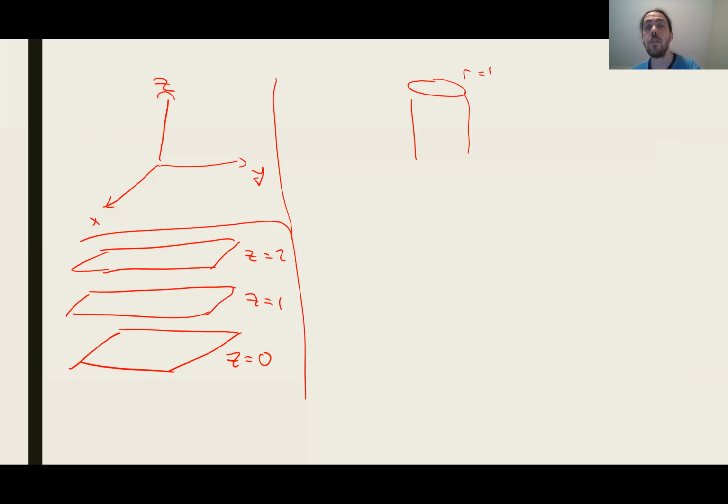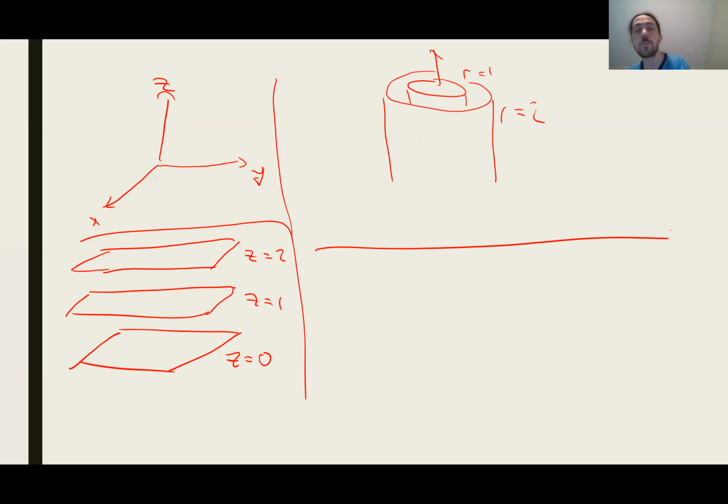If I instead look at all those points with r equal to 2, that nests inside a slightly larger cylinder, and so on and so on and so on. So my r coordinate is always supposed to be positive or 0, and it always tells me how far away I am from this vertical spike, the z-axis.